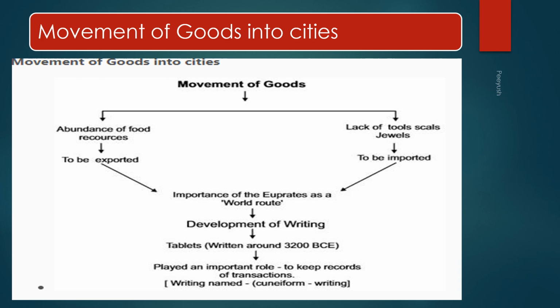There was the importance of the Euphrates as a world route. Thereafter, there was the development of writing to keep records, tablets written around 3200 BCE, which we will discuss extensively further. These tablets played an important role in keeping records of transactions. The writing is named cuneiform, which we'll discuss further.